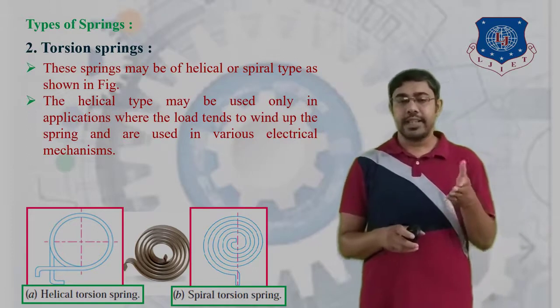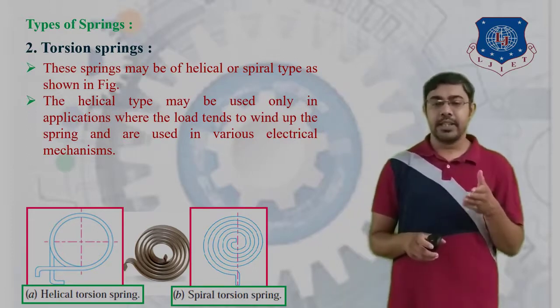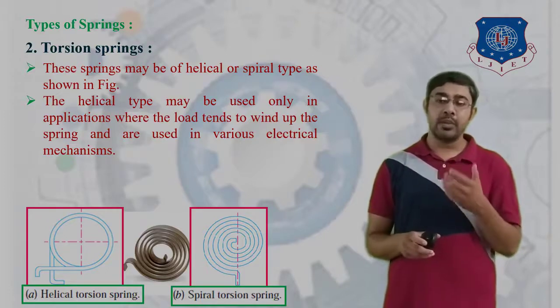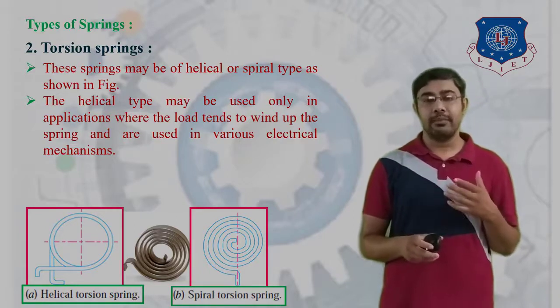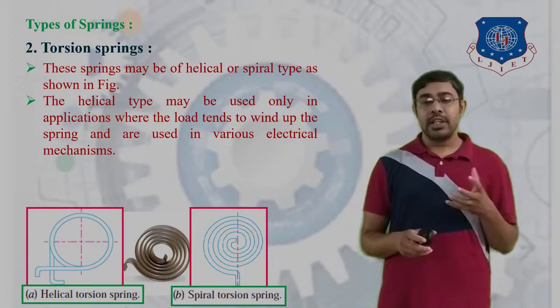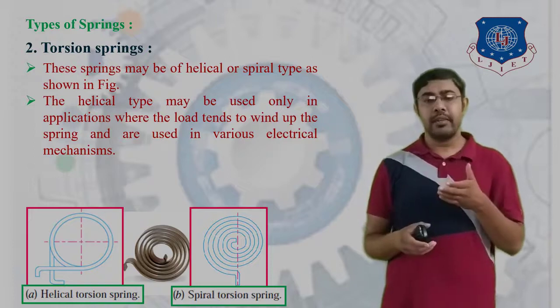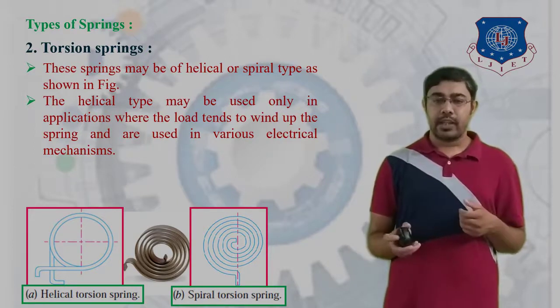So the first case is when the torsional spring is a helical torsion spring. Helical types are used mostly in electrical mechanisms, and are used only in applications where the load tends to wind up the spring.